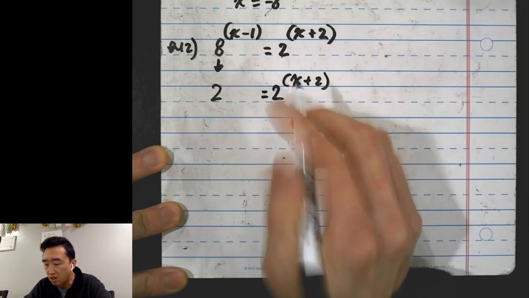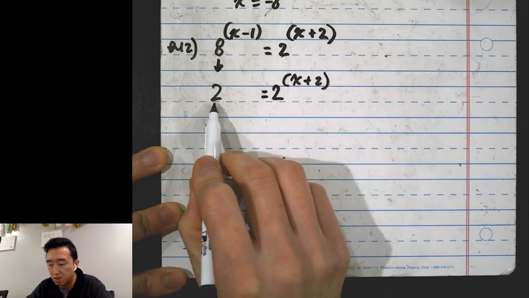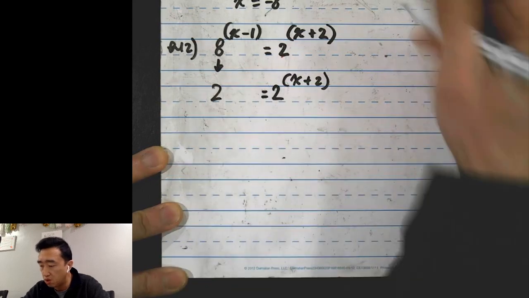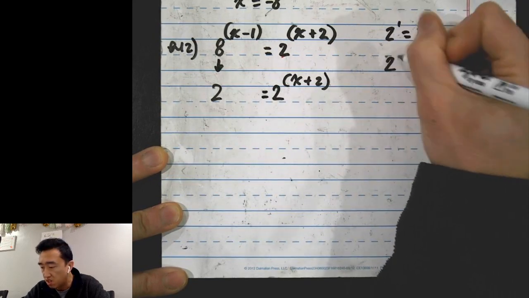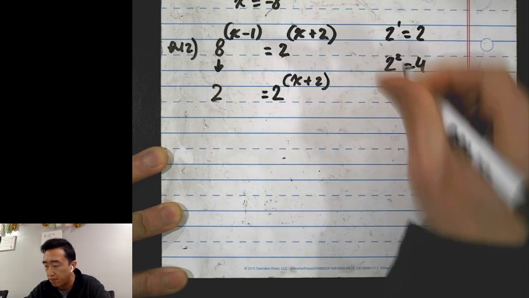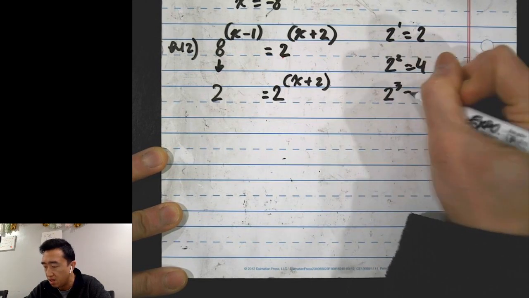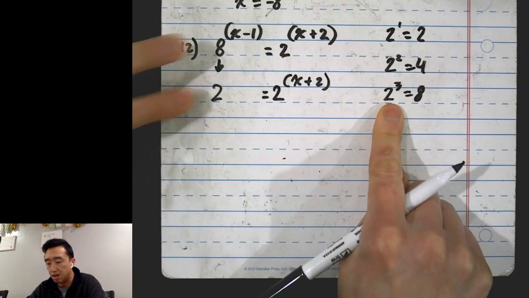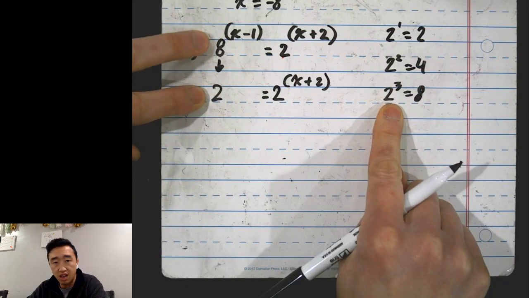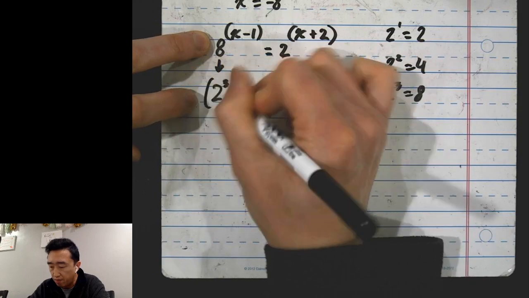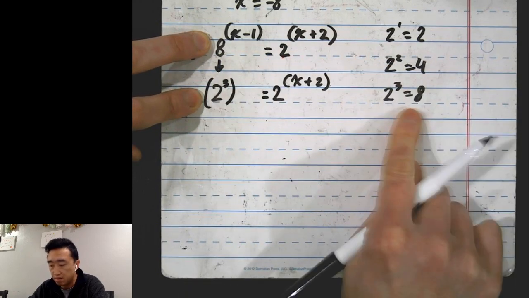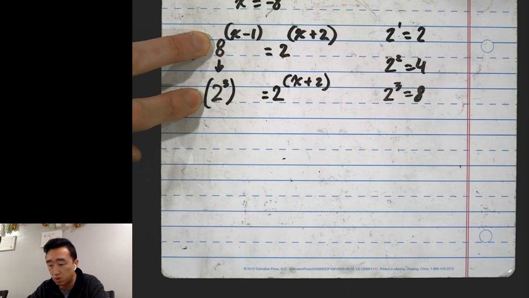So you're thinking, okay, I know that this is a 2, so this must be a 2 with a certain exponent. So 2 to the first is 2, 2 to the second is 4, and 2 to the third is 8. Aha. So I can change this 8 into a 2 to the third power. I can do that, right? I can just change it to base 2.